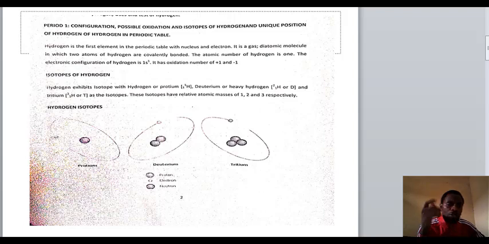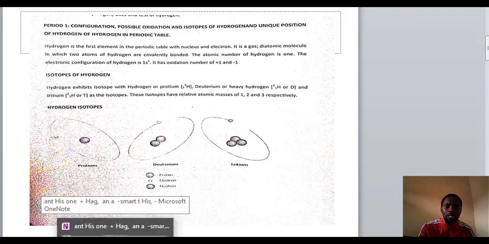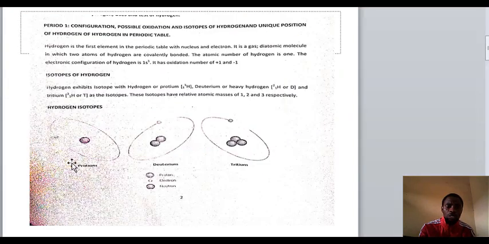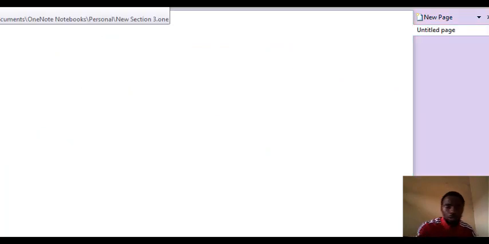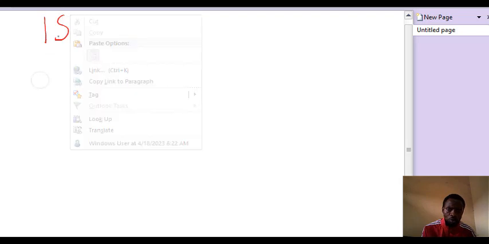As you can see from the electronic configuration, hydrogen has just one electron in its outermost shell. The electronic configuration is simply 1s1. To become stable, the outermost shell needs one more electron, since the s orbital has just one electron.